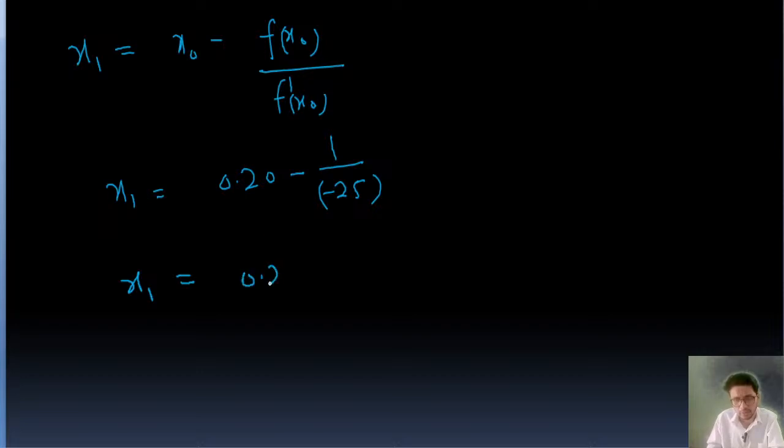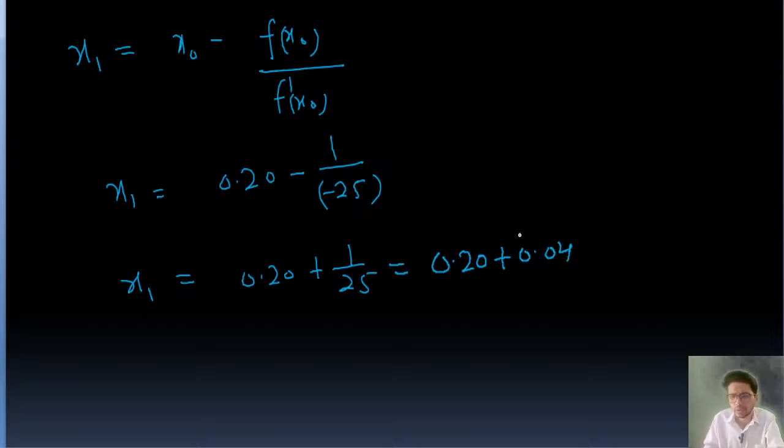So 0.20 plus 1 upon 25, this is going to be 0.20 plus 0.04, and this value is going to be 0.24. Okay, so 0.24 is the answer.